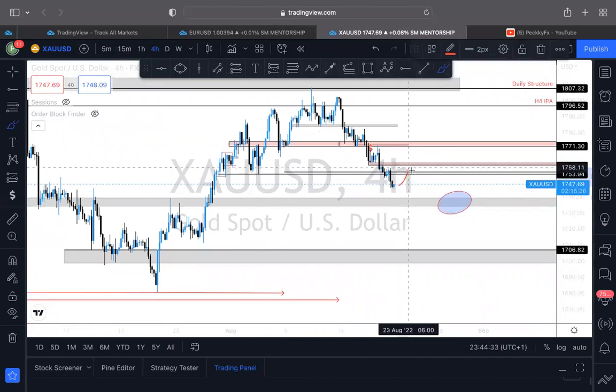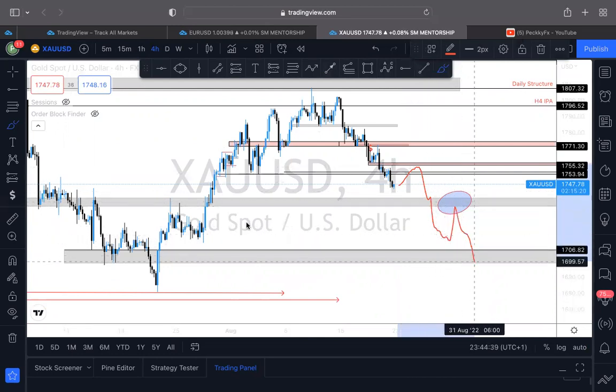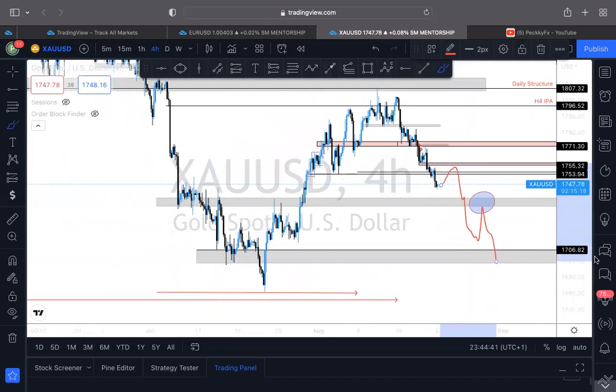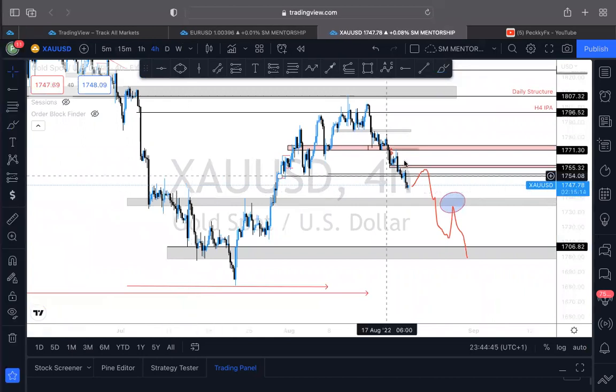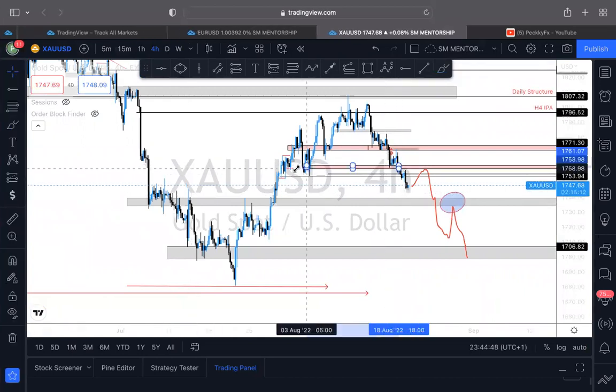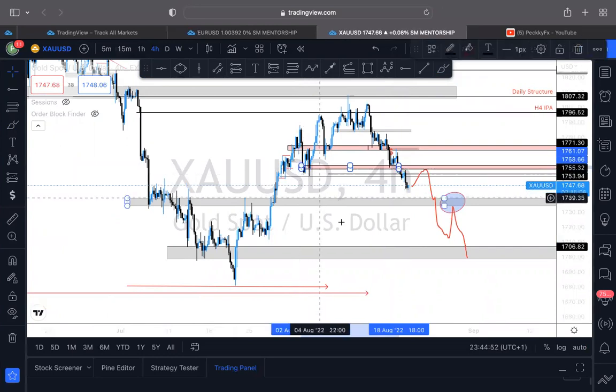So expect a small move, then we have a continuation to the downside down here. Okay, so watch out for these areas that have been marked out on gold, and next week we're going to do a review again on Euro USD and gold, and let's see how it plays out.